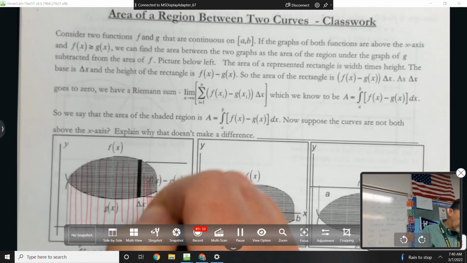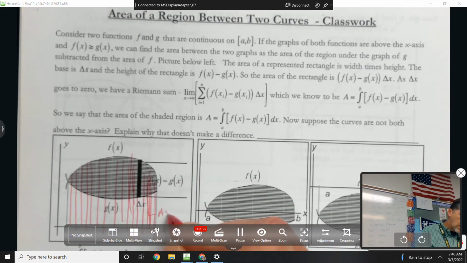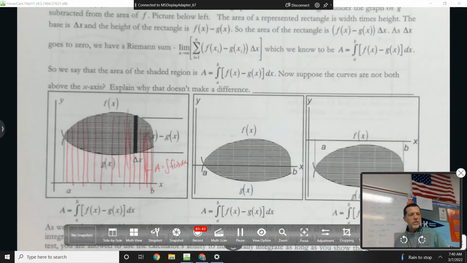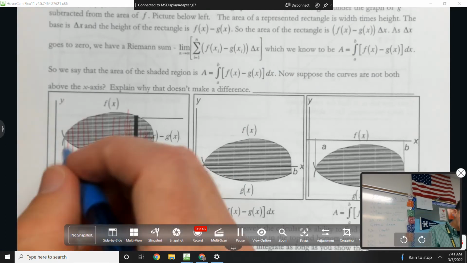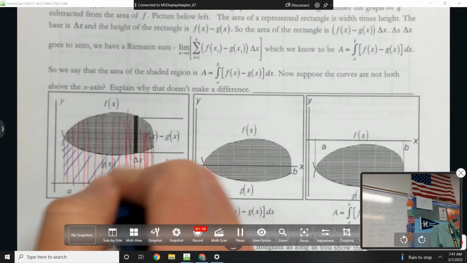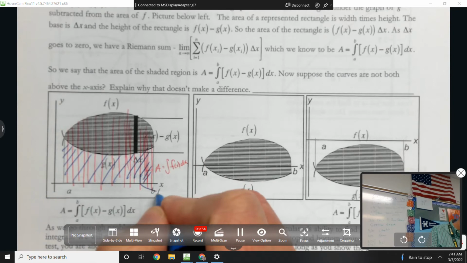So that red area would be the integral of f. All right, that'd be all of that. If we integrated g, it would be the blue area. Integral of g.